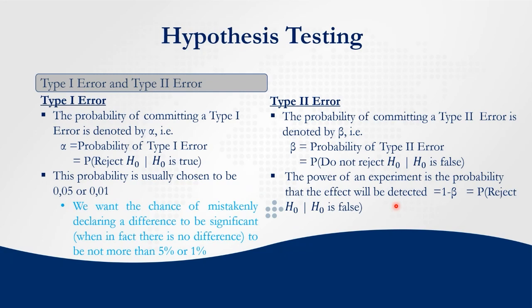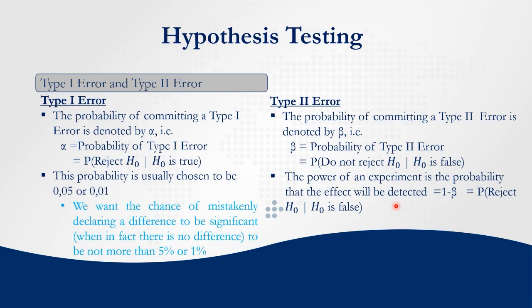When it's true, it says, for example, the two treatments are the same. When we reject it, we are saying they are not the same. So a type 1 error is if we say the two treatments are different, when in actual fact, they are not different.